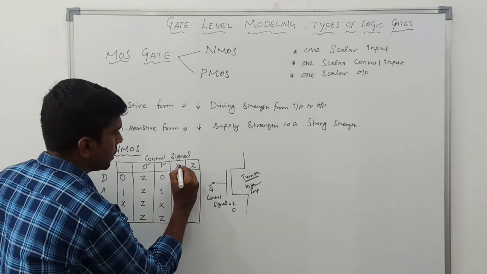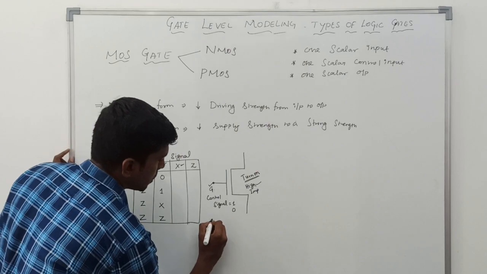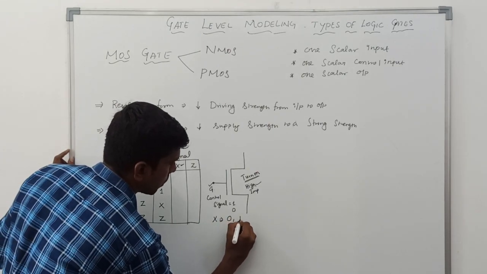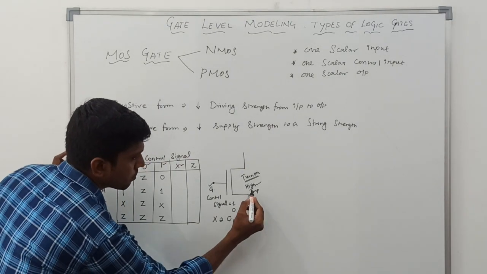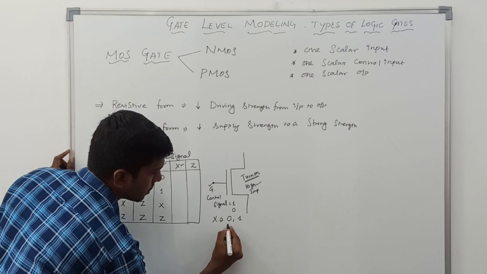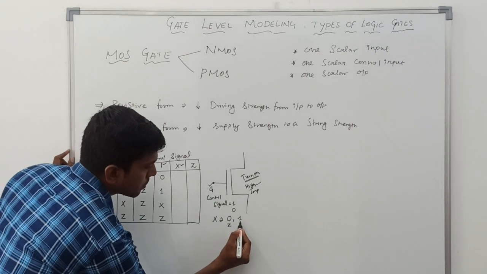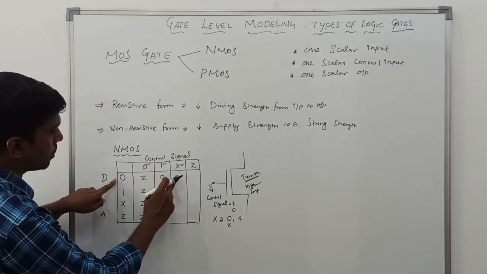The next condition is X. X is the unknown value, either 0 or 1. If X value is 0, the transistor goes to high impedance, so it goes to Z. Then if X value equals 1, the input value is transferred to the output side.